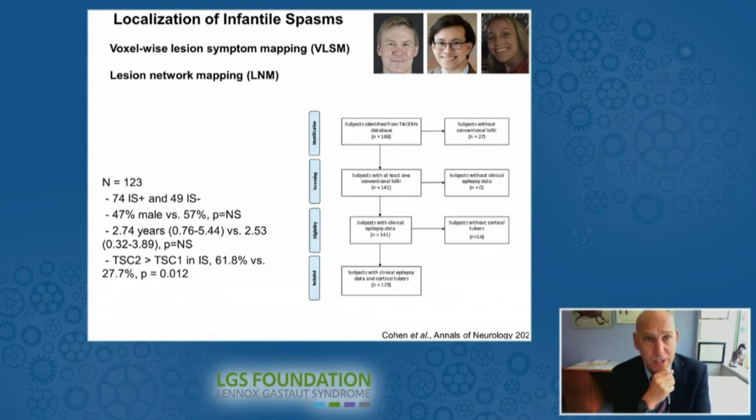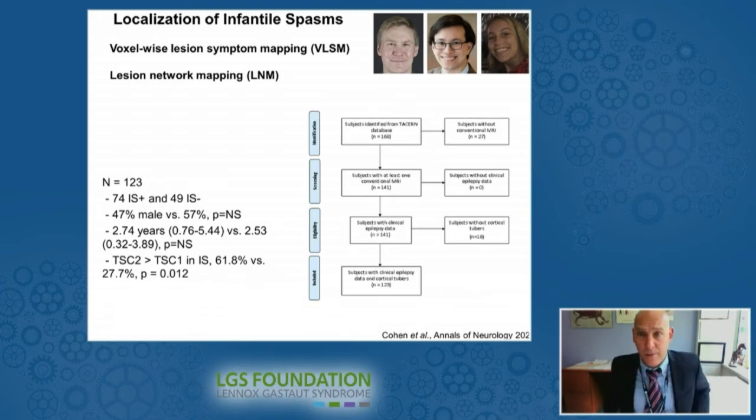So think, for example, of multiple sclerosis. If you would put all these images on top of each other, you would find Dawson's fingers abutting the corpus callosum. Or you would phenotype people based on an expressive aphasia, and you would find some variety of lesions.